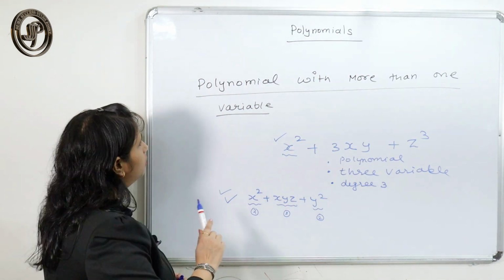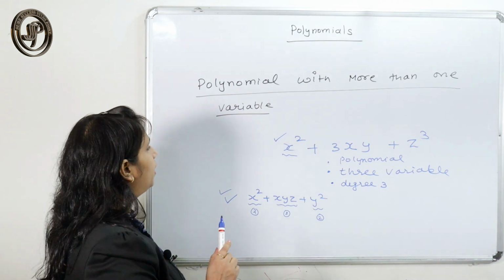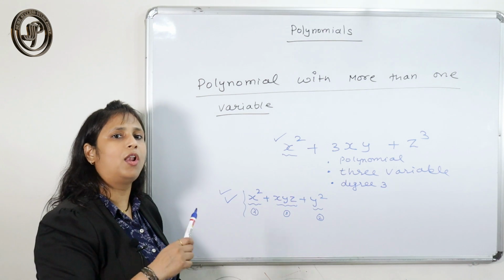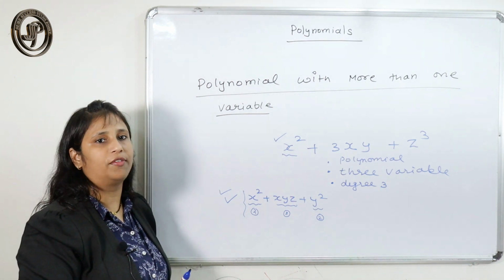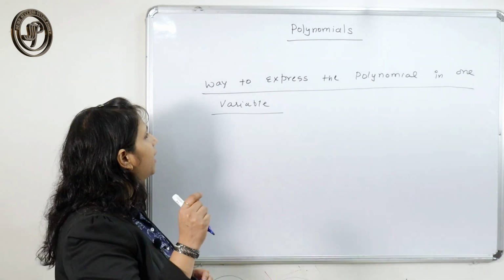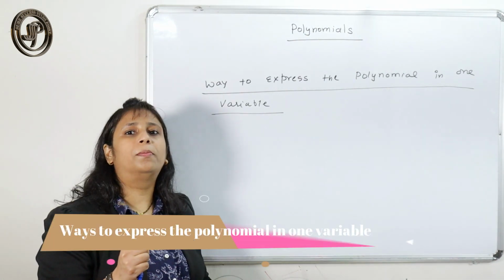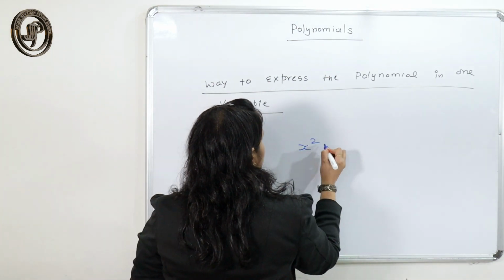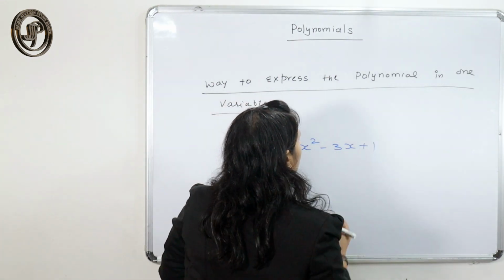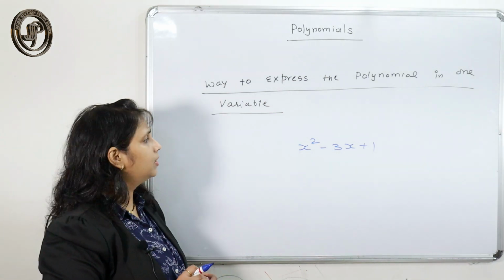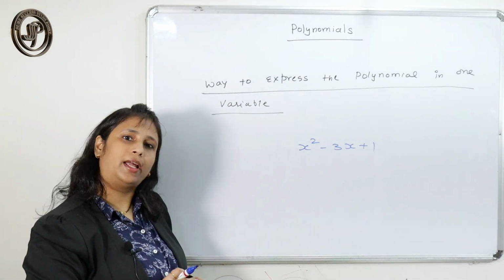This way we find whether the polynomial has one variable or more than one variable. So how can I express a polynomial if it is in one variable? Suppose this is my polynomial. This is a polynomial in one variable, that is a polynomial with variable x.